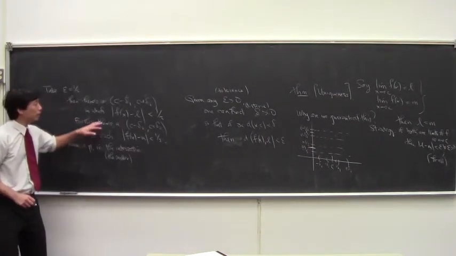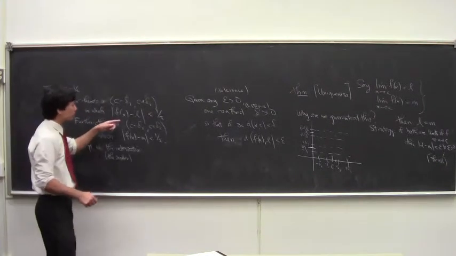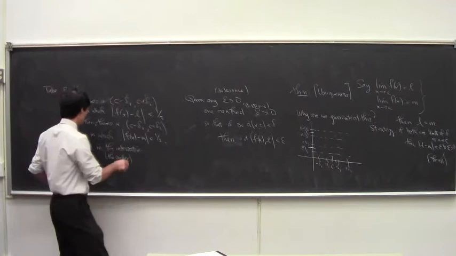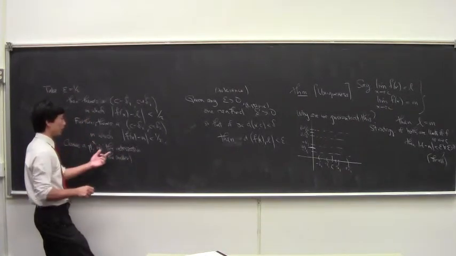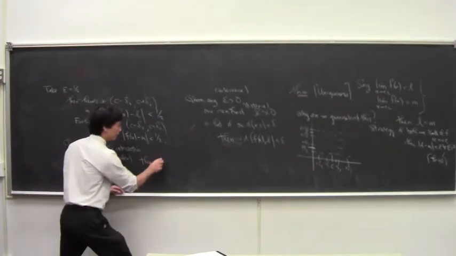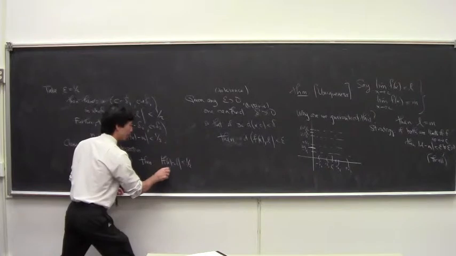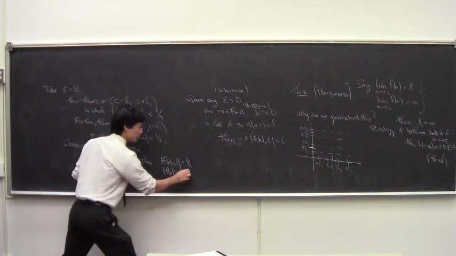Okay. Then what do you see? Choose a point x in the intersection. Then what do we know about that one point? Well, |f(x) - L| is less than a half, and |f(x) - M| is less than a half.